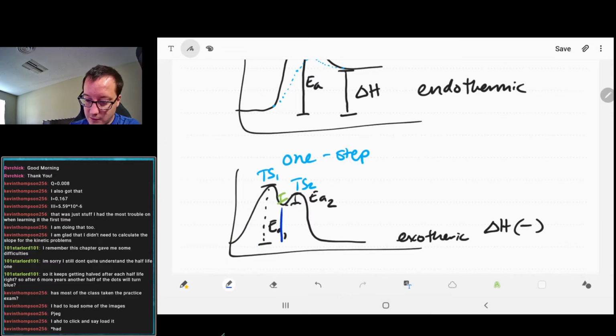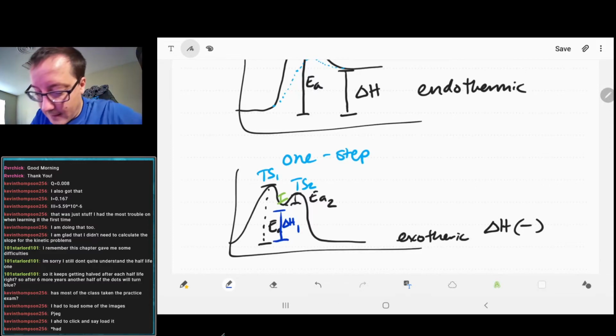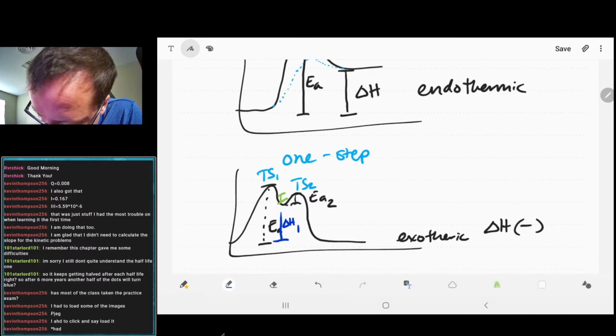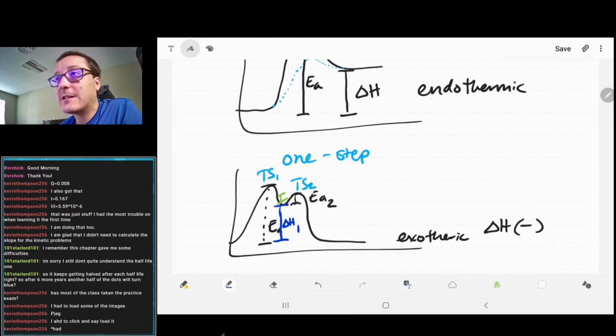If we wanted to look here, that would be our first delta H, from the starting material to the intermediate. Our second delta H is going to be from the intermediate to the product.